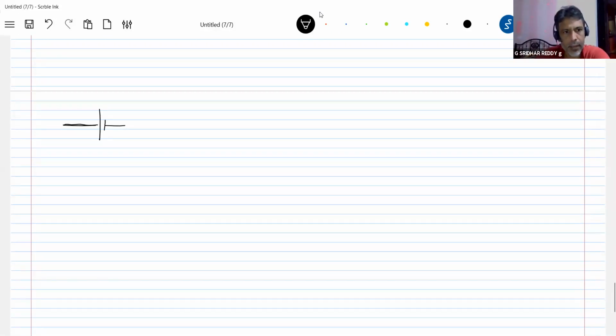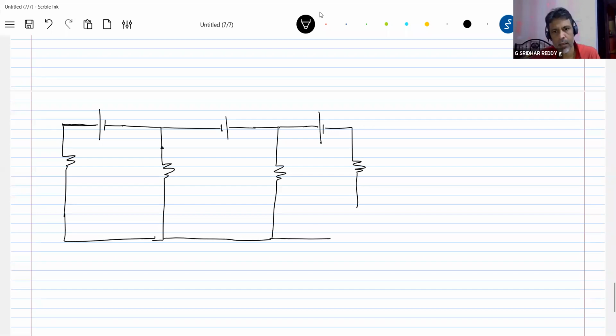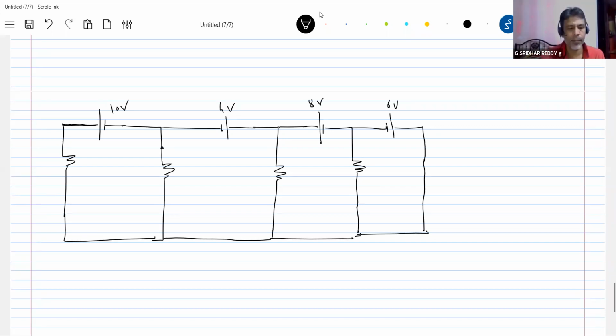Plus 10. And this is 2 ohm, 4 ohm, 8 ohm, 10 ohm.